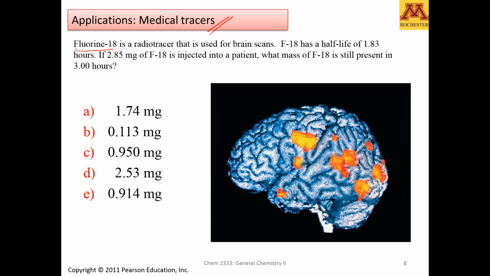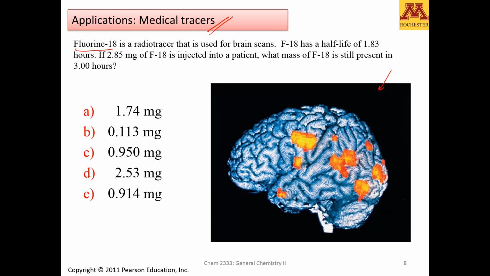It's not poisonous, at least in small doses, and its radioactivity is not very damaging, but it's used for imaging so that you know where the vessels take that fluorine, so you can take a picture like this one on the slide. In this case, we're given a set of data and asked how much fluorine-18 you'll have after 3 hours.